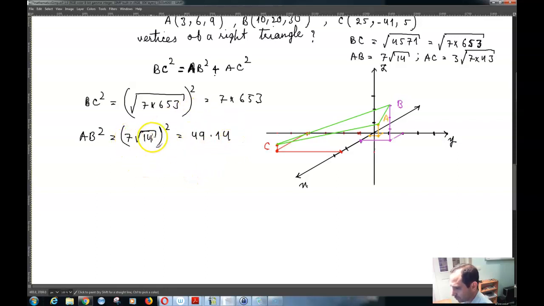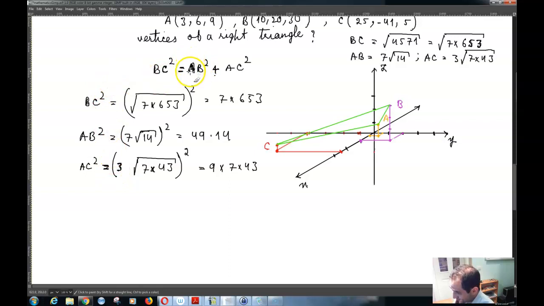I'm not really going to do anything with these numbers because you will see shortly why. And AC squared is equal to 3 times the square root of 7 times 43 whole squared, which is equal to 9 times 7 times 43.